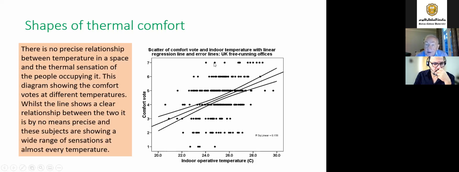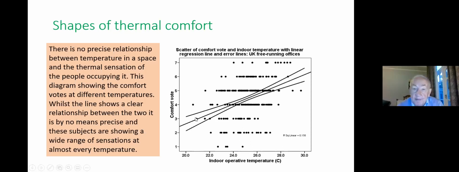You can have people who are much too hot at 24 degrees, and you can have people who are much too cold at 24 degrees. Further up, the cold votes reduce, and as the temperature goes down, the number of hot votes reduces. So you do get a relationship, but it's a much vaguer relationship than is often implied by the use of regression analysis.